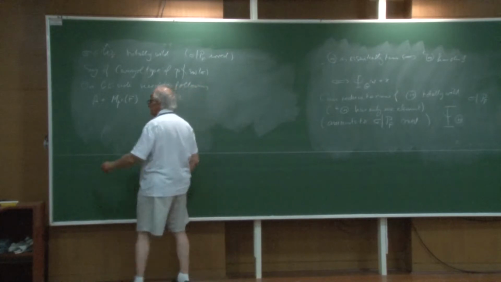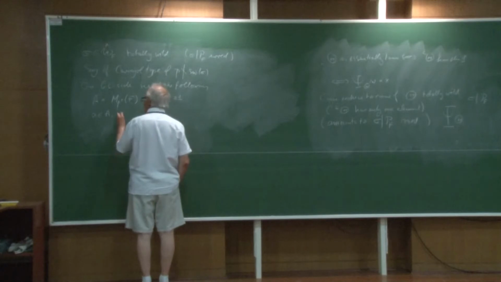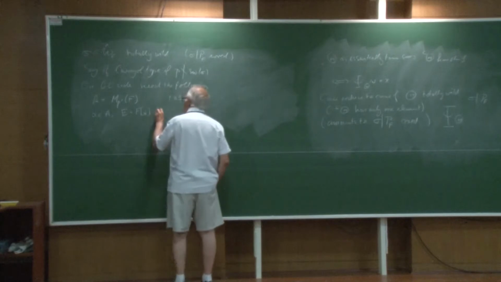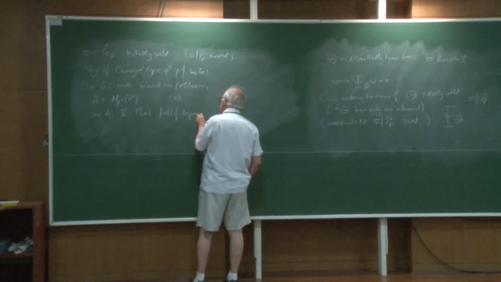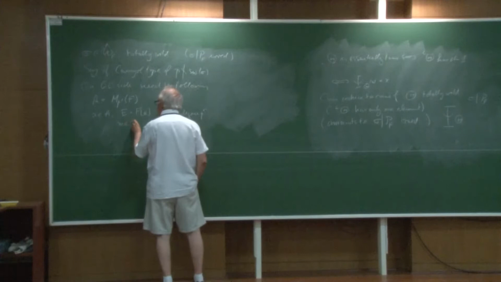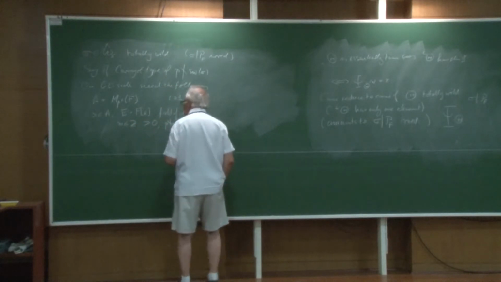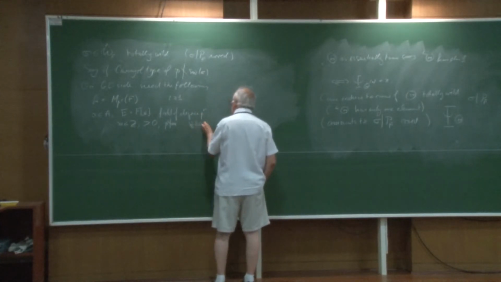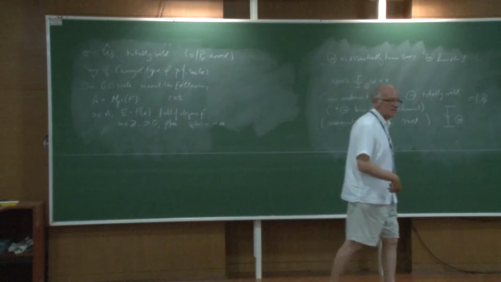I want an alpha in A such that E equals F of alpha, the field of degree p to the r. I want an integer m positive, not divisible by p, and I want alpha to have valuation minus m. So in particular, this extension is totally wildly ramified.